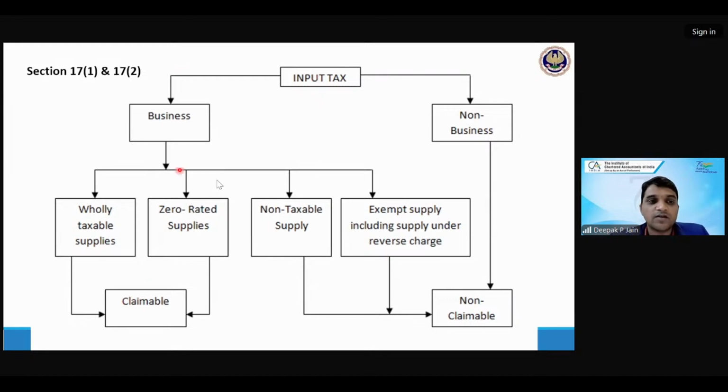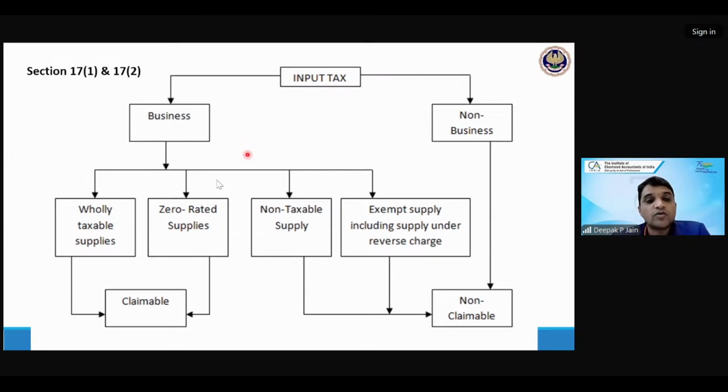Why is it claimable? Because you are using it to make an outward supply. Inward supply is input tax, outward supply is business. So you are into the business of wholly taxable supplies and zero rated supplies, and you will get the credit of input tax.